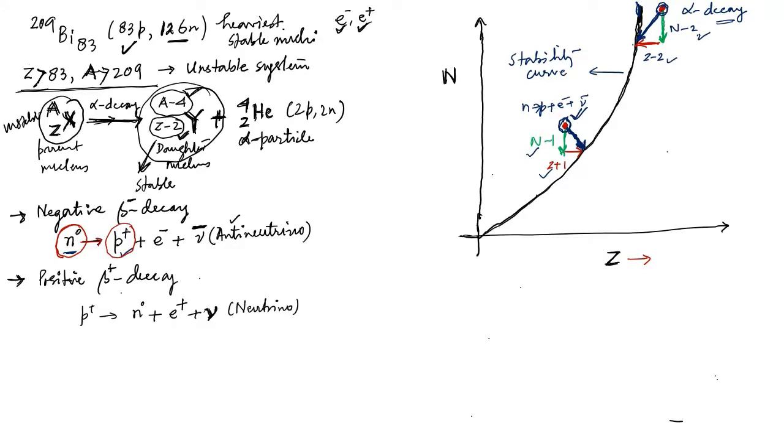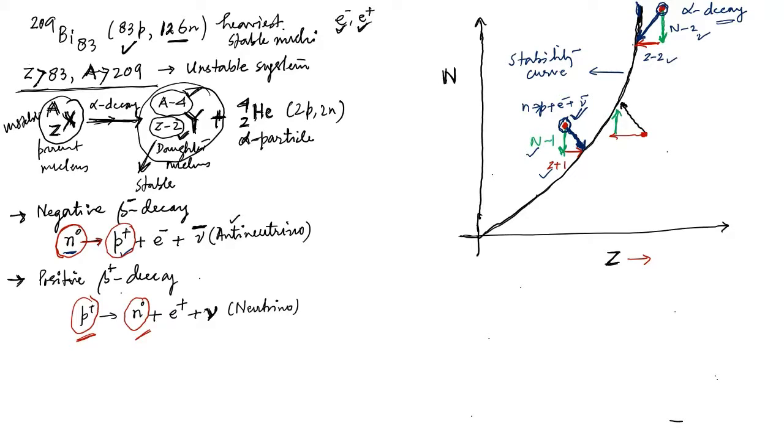Similarly, for positive beta decay, in which a proton is being transformed into a neutron, that means in the system I am decreasing the number of protons and increasing the number of neutrons. So let me just say the system is here somewhere, I am decreasing the number of protons and increasing the number of neutrons, and then finally the system goes from here to here.